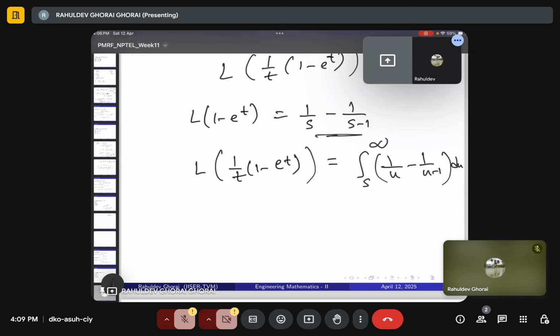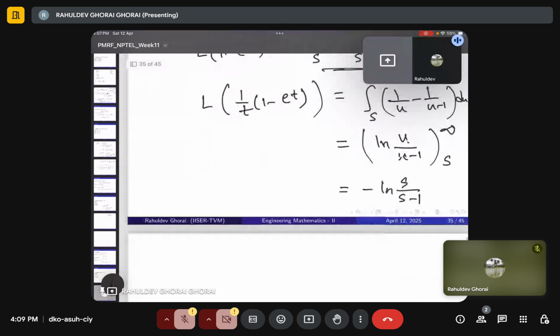That is nothing but ln of u over u minus 1, from s to infinity. So that is negative of ln of s over s minus 1, because at infinity it will converge to ln of 1, that is 0.